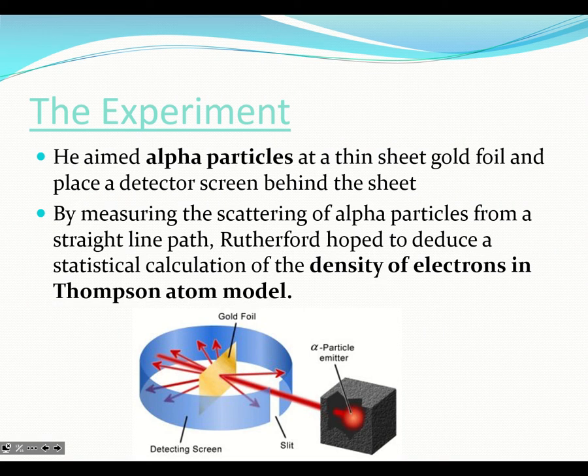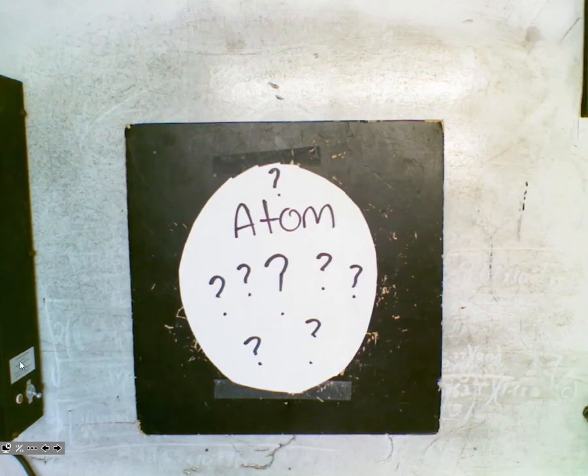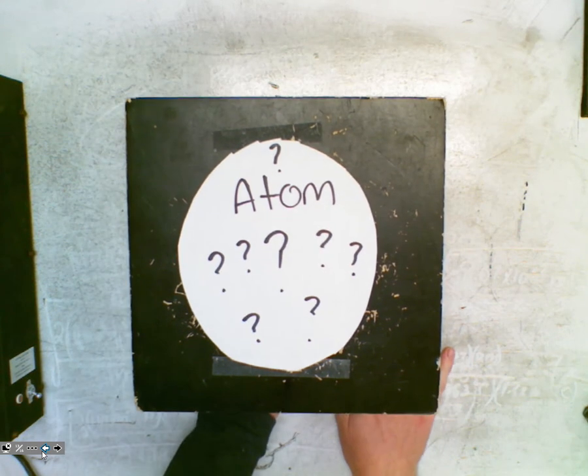So I can show you a little demo here of what happens with his experiments. It's not an analogy, but just a little demo to show you what happened. So this is the atom, right?